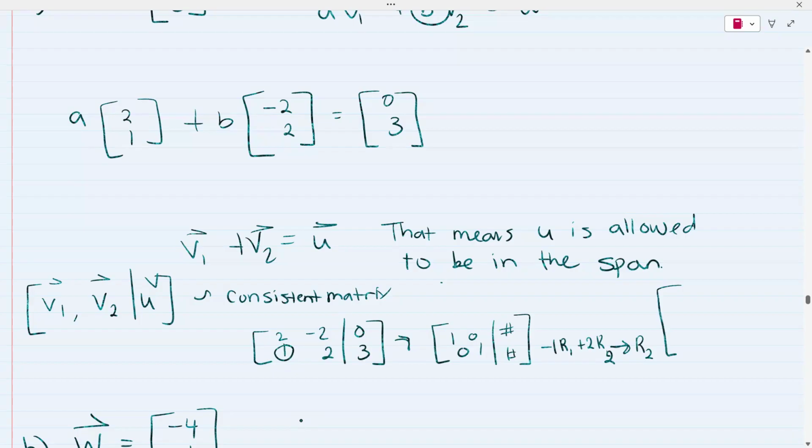When I do that work, the first number on row 2 would be 0, which is what I want. The second number would be 6, and the third number would be 6. And here, this stays the same, so you have 2, -2, 0, etc.